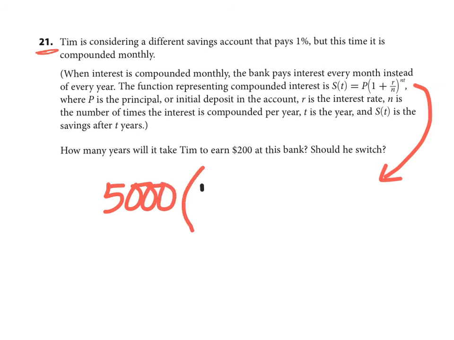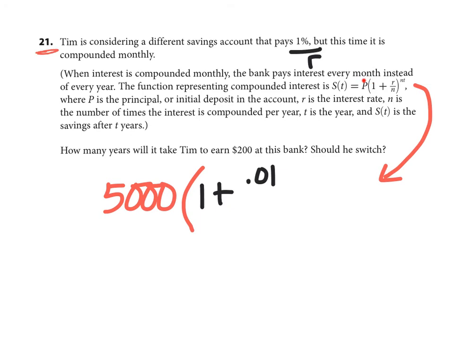Parentheses, 1 plus our interest rate, okay? So it's compounded, it's 1%, but we put 0.01, that's our R. Over N. Now if you go back up, N is the number of times the interest is compounded per year.